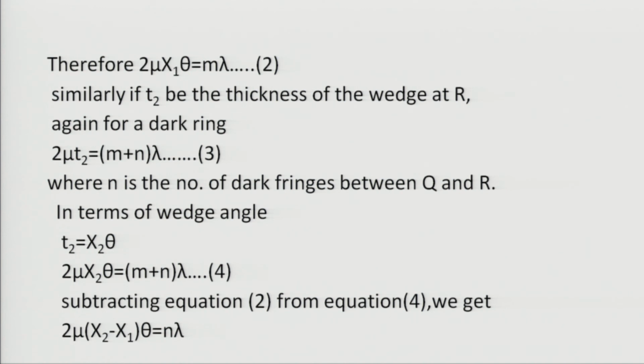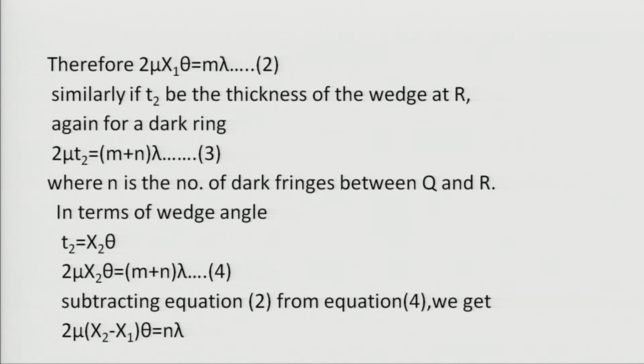Similarly, if T2 is the thickness of the wedge at R, again for a dark ring you may write 2 mu T2, cos 0 means 1, is equal to m plus n lambda, where n is the number of dark fringes between Q and R.